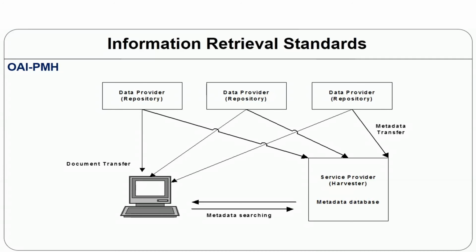Now a service provider, the harvester, will have a metadata database. When he requests, the metadata can be transferred into the harvester, and this harvester can be used for metadata searching. If a document is available, when you click the link, it will take you to the respective repository. So the original content is not stored on the client server; it only has the metadata from various repositories.